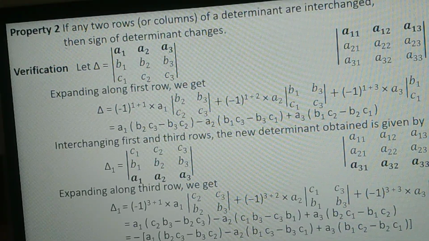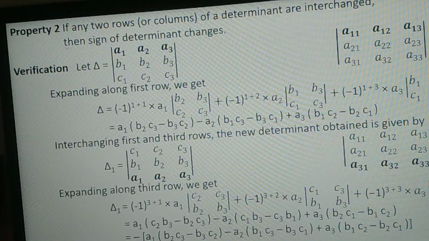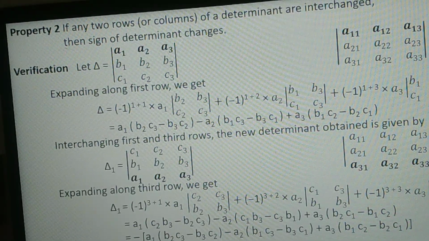Which is equal to minus of [a1 into (b2 c3 minus b3 c2) minus a2 into (b1 c3 minus b3 c1) plus a3 into (b1 c2 minus b2 c1)].